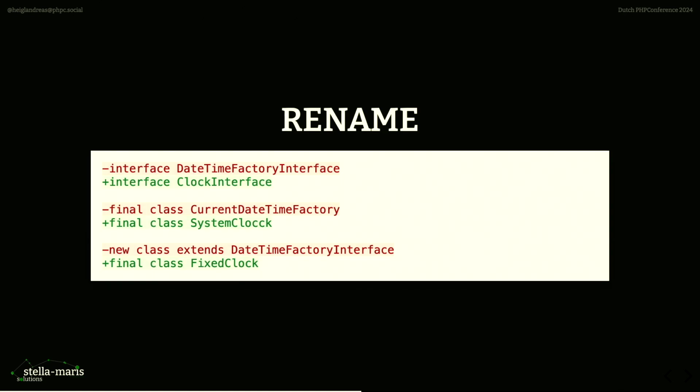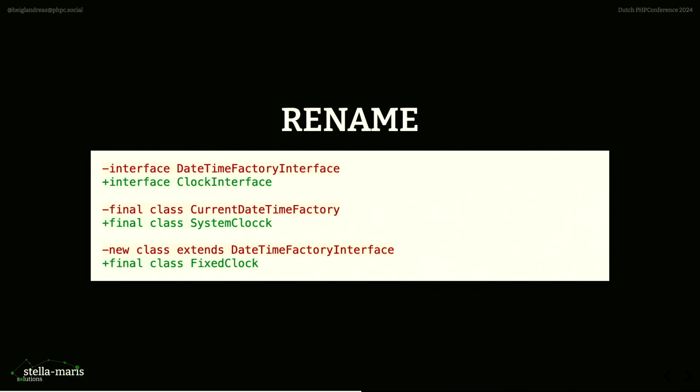But that is, in essence, a clock interface. We have just implemented a clock interface, including the test version of that. We just need to do some renaming. So this oddly named datetime factory interface, let's rename that to clock interface. And this odd current datetime factory, let's call that a system clock.